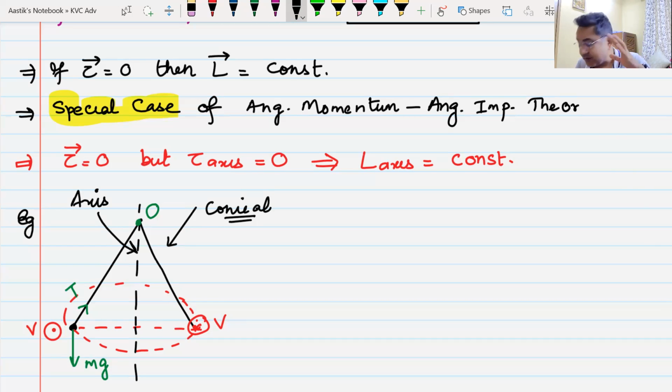The torque of weight mg, because this is a parallel axis, is zero: no force can create torque about an axis which is parallel or which lies in the same plane. Do we remember this? Because they will cut somewhere. Force can only create torque about a skew axis. Do we remember this? Skew axis, skew.